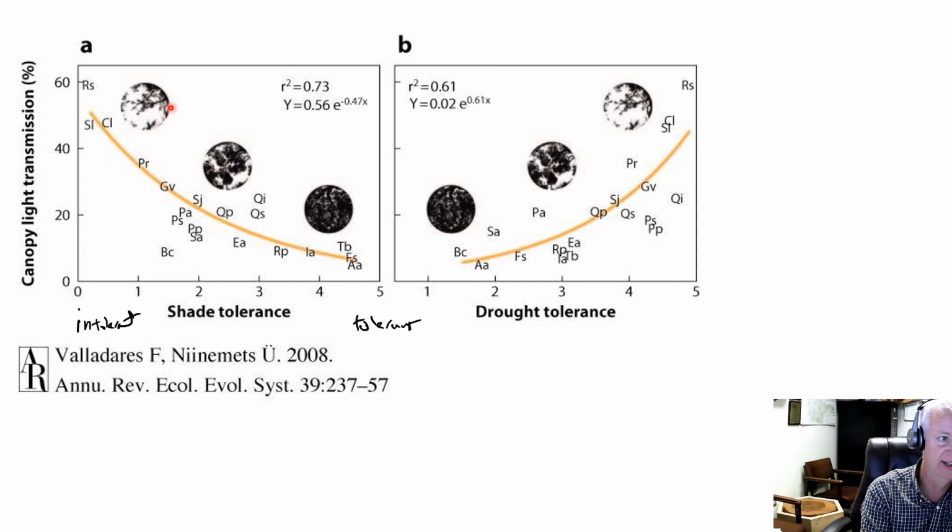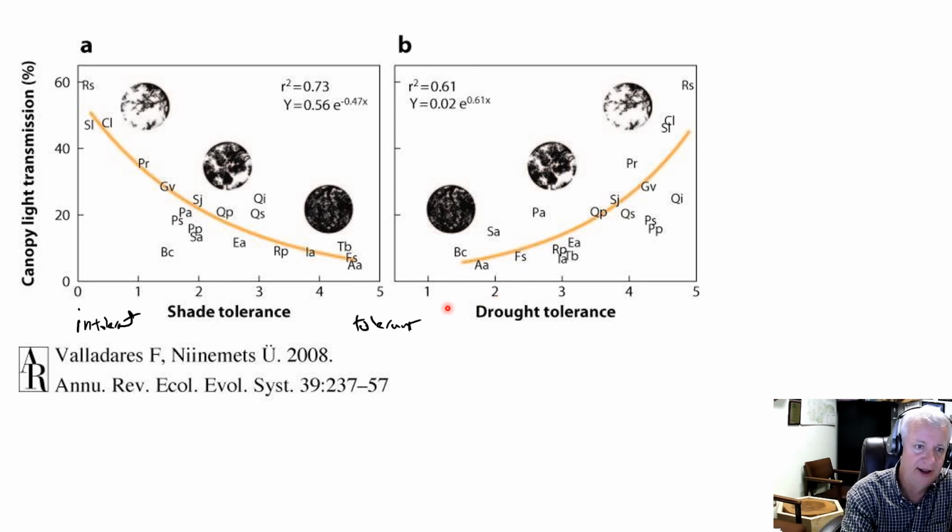And they have little hemispherical photos here, which show that as you look at stands of more intolerant trees, they're more and more open, which is a little intuitive. And I showed you some examples in the opening slide where shade intolerant species, when growing in pure stands, tend to form more open canopies, maybe have less leaf area index than more shade tolerant species.